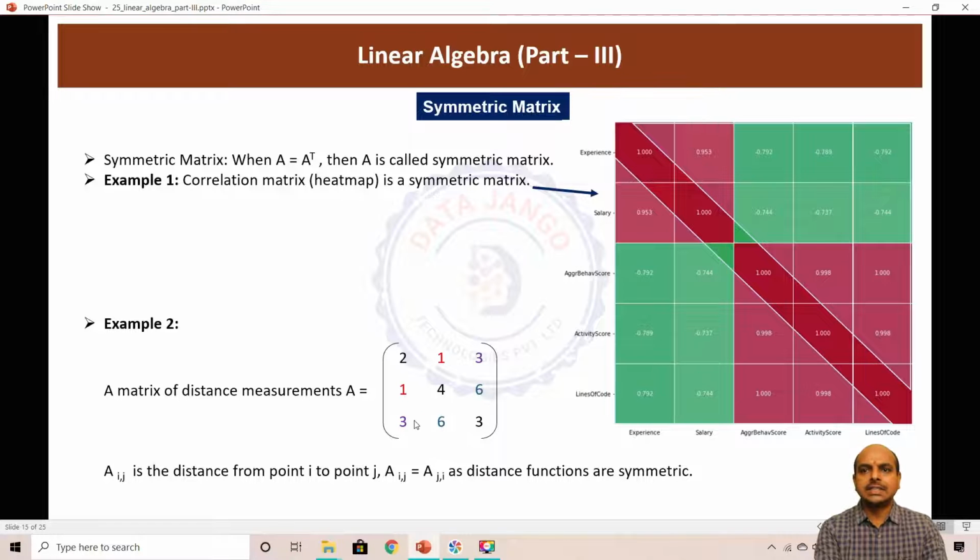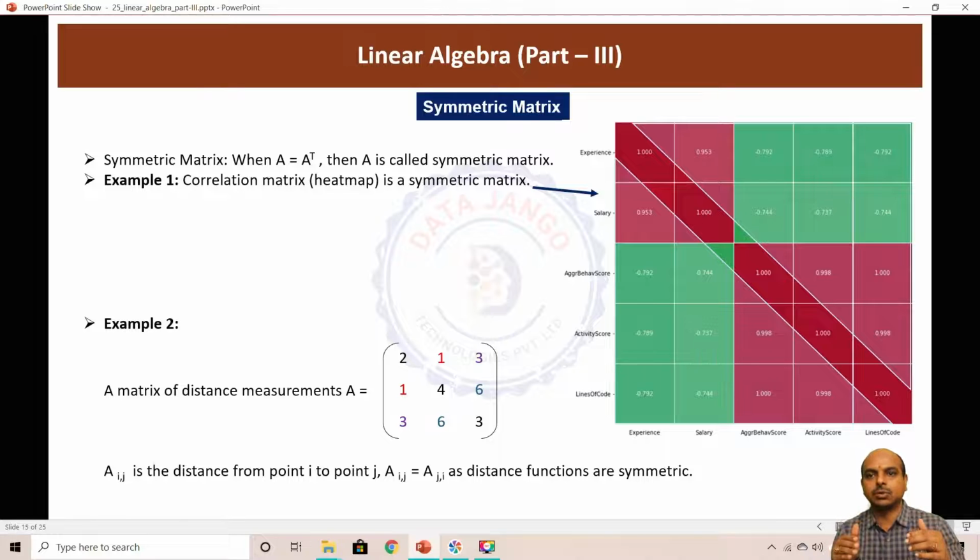And if you take a distance matrix, if you have 4 cities and you have created a matrix of distances between those 4 cities, with rows city 1, city 2, city 3, city 4, and columns also city 1, city 2, city 3, city 4, the city 1 to city 1 distance is 0. City 2 to city 2 distance is 0.